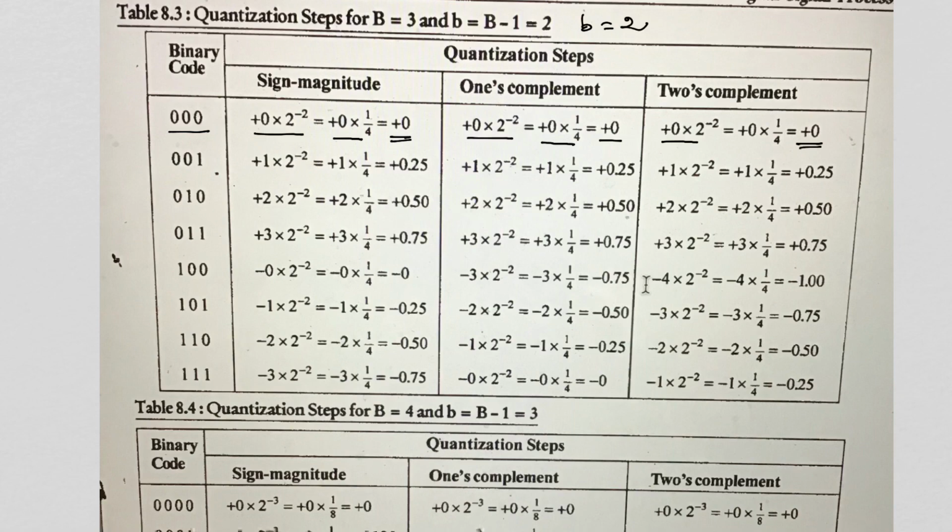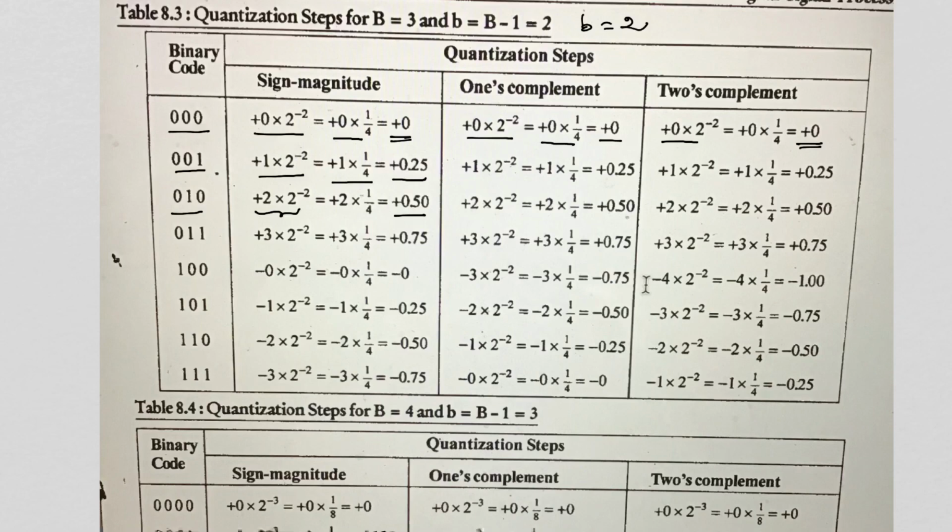If you look at the second code word 001, 1 multiplied by 2 power minus 2 is +1 multiplied by 1 by 4, which is +0.25. It is the same in 1's complement as well as in 2's complement. If the code word is 010, it represents 2 into 2 power minus 2, which is +2 into 1 by 4, equal to 0.5.